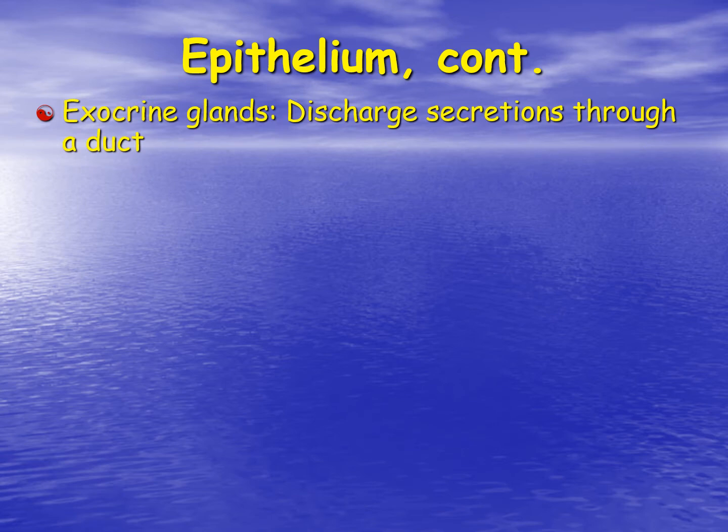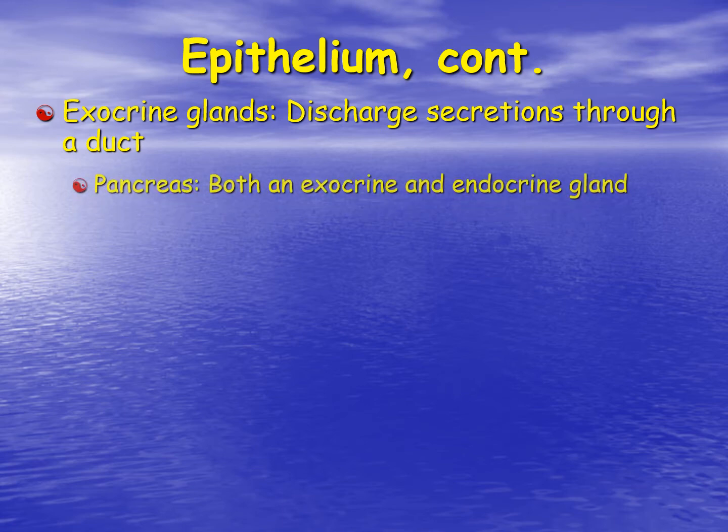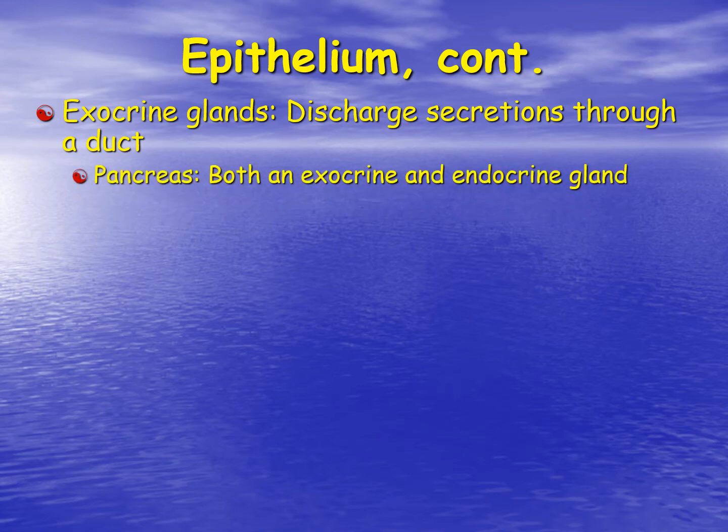Exocrine glands discharge secretions through a duct to an external or internal epithelial surface. The pancreas is both an exocrine and endocrine gland because endocrine glands secrete their product into the body fluids, primarily blood. So the pancreas secretes both digestive enzymes into the small intestine, which is actually an epithelial surface.